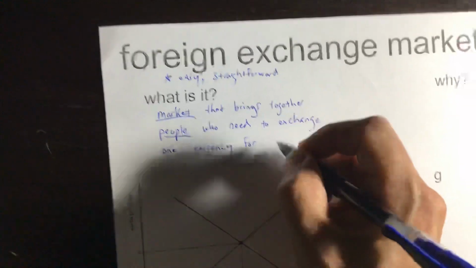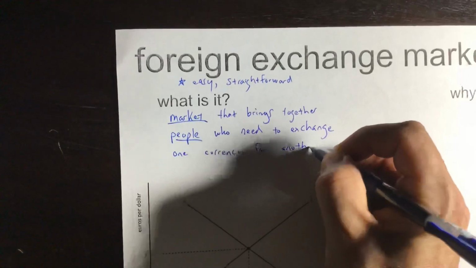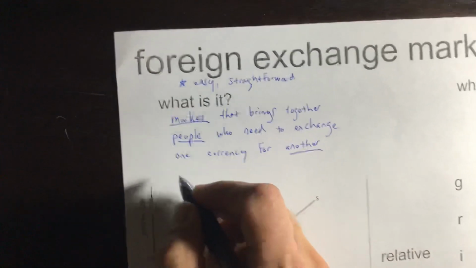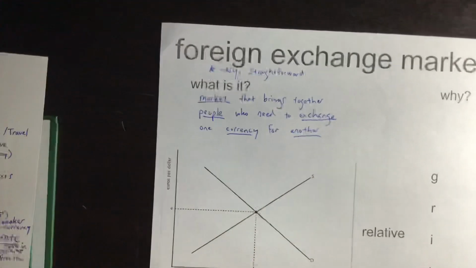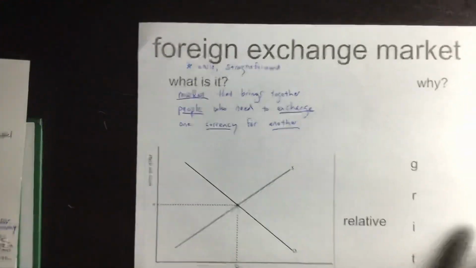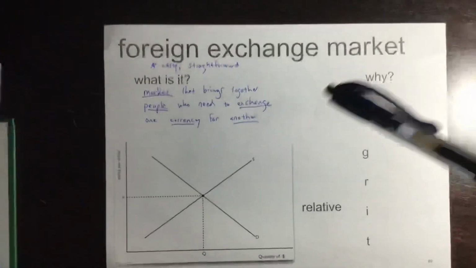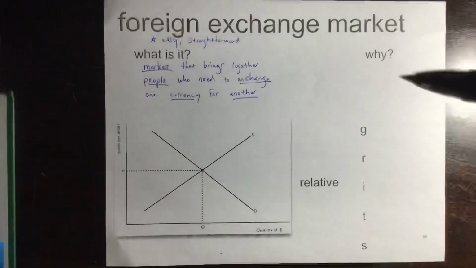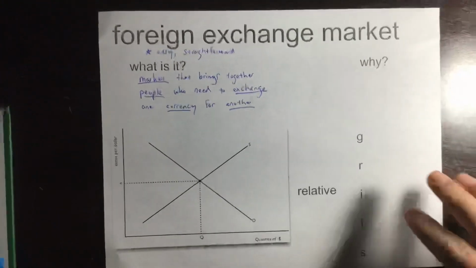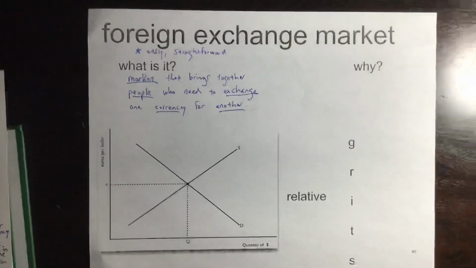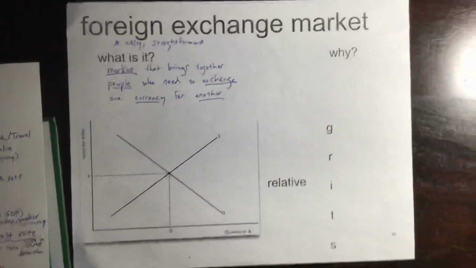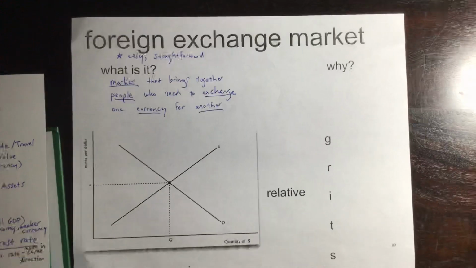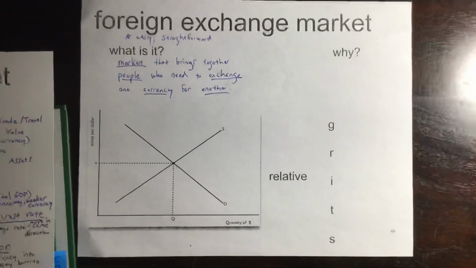That's what it is. We know this because we live in Texas, right on the border with Mexico, right? So if you've ever been to Mexico, heard about the border, you know that people have pesos, people need dollars. Or if you're going to Mexico, you need pesos because they'll take dollars, but you might run into someone who doesn't want to take your dollars because they want pesos that they can spend. So that gets into the why of this.